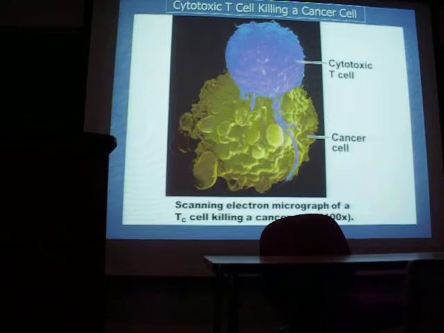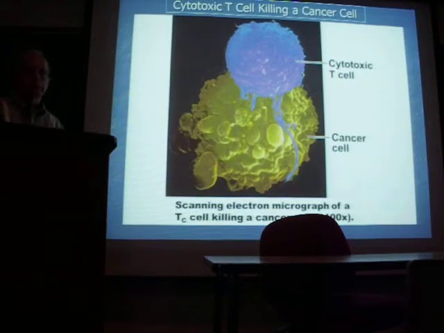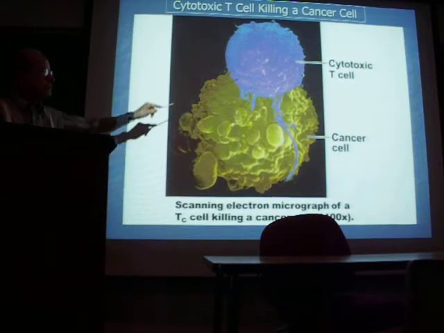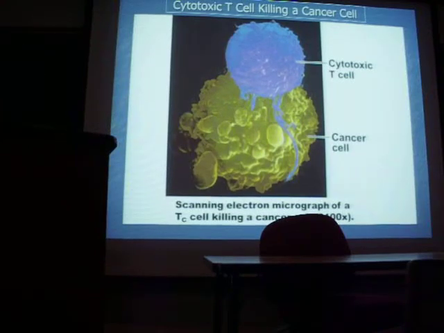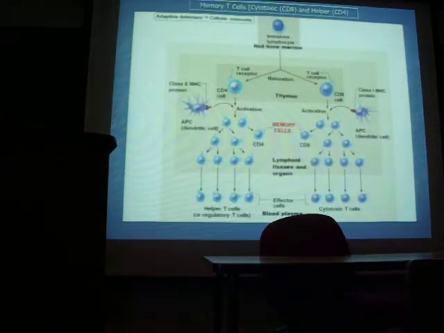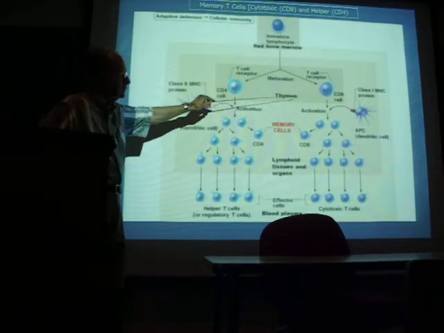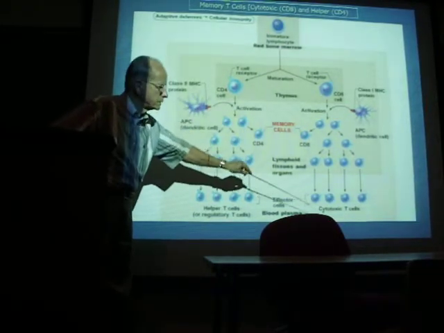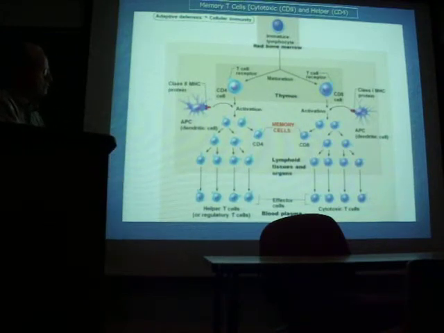Here is an electron photomicrograph of a cytotoxic T cell attacking a cancer cell. So it's doing, up here, although you can't see it, what that previous slide showed you. All right. So, again, for T cells, we have our cytotoxic T cells, we have our helper T cells.